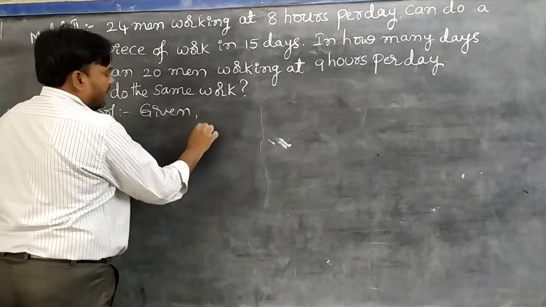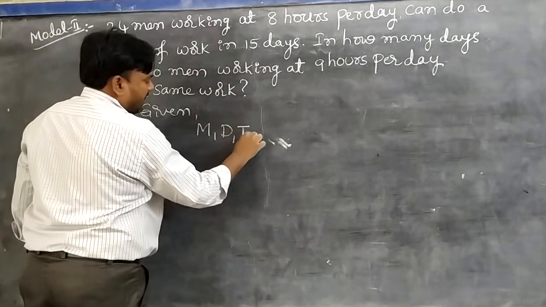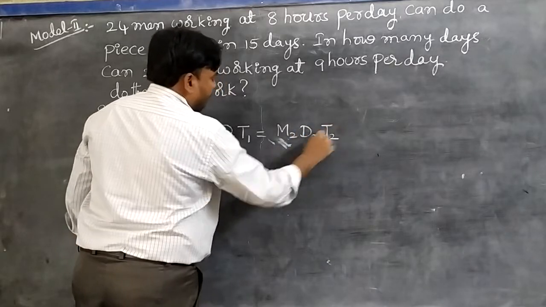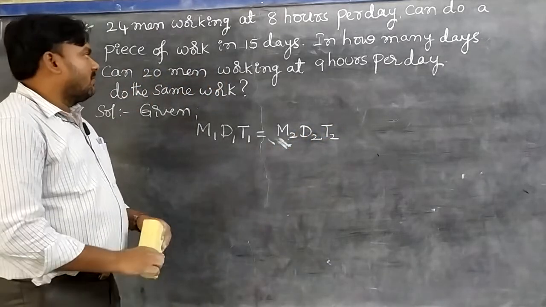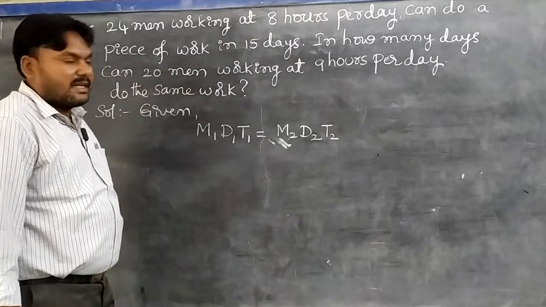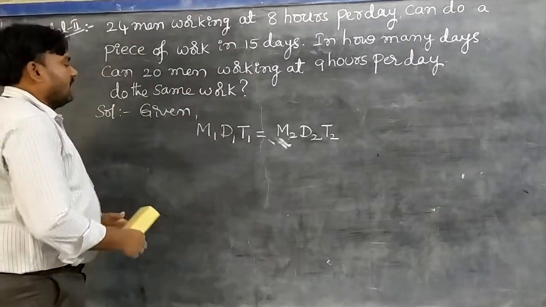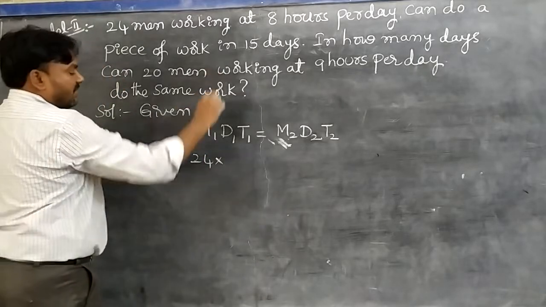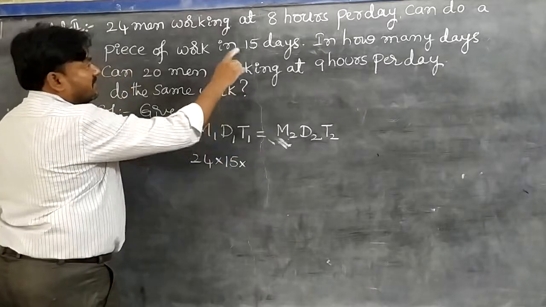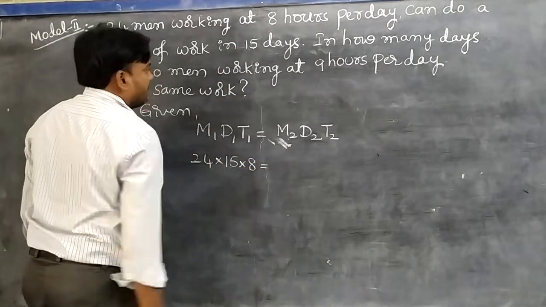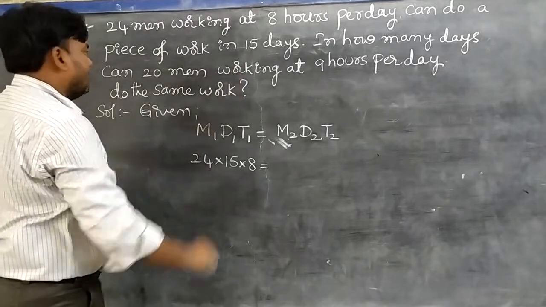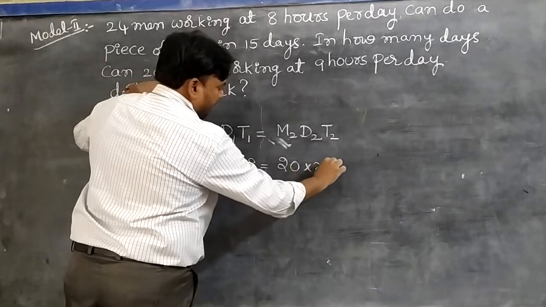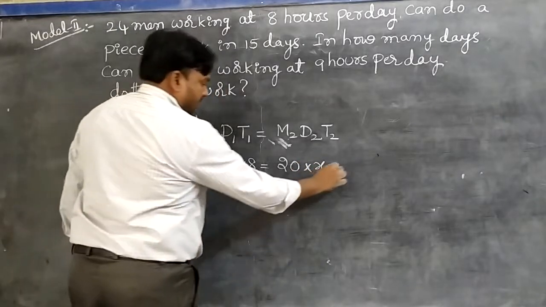Already I said M1 D1 T1 equals M2 D2 T2. No need to take W1 W2. Why? Because here time is given, 8 hours means time. Here 24 men, so 24 into D1, days, 15 days, into first time 8 hours, equals M2, 20 men, into days, which will be taken as x, into time 9 hours.